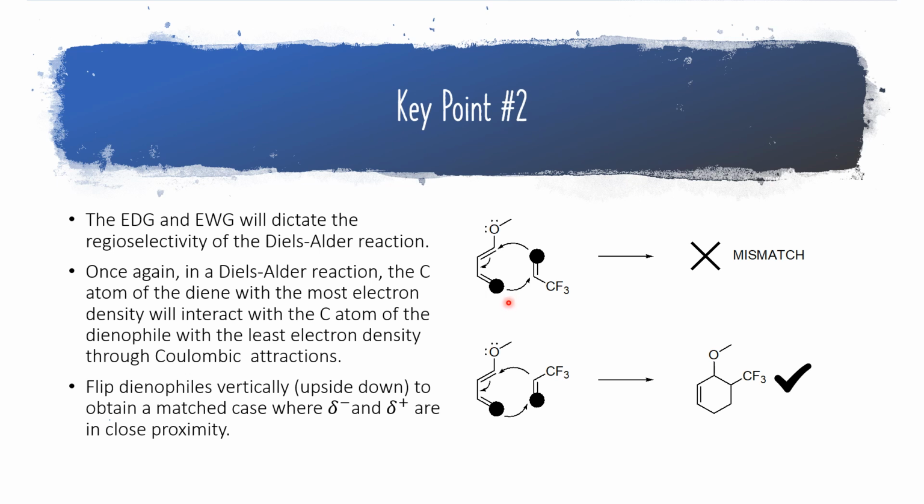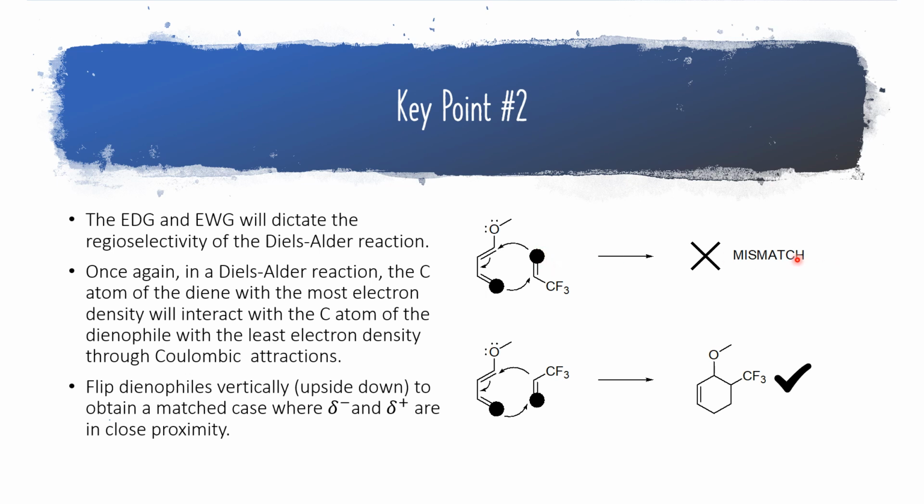notice here that on this diene, this carbon is going to be the one with the most electron density, the one that's covered in a huge black circle. And then in the dienophile, this carbon is going to have the least electron density.